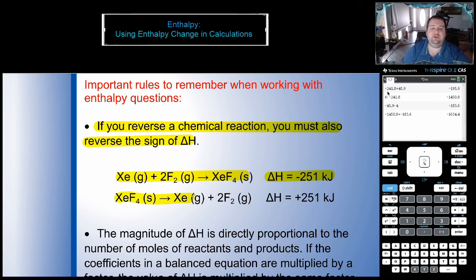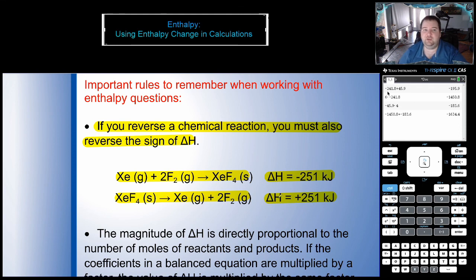Look at what happened here. The reactants became our products and the product became our reactant, meaning they swapped, right? If you reverse a chemical reaction, you must reverse the sign. So instead of a delta H of negative 251 kilojoules per mole, it's positive 251 kilojoules per mole.